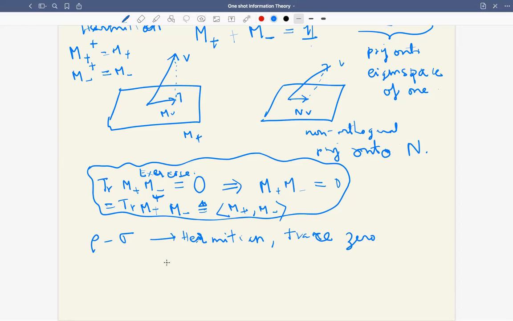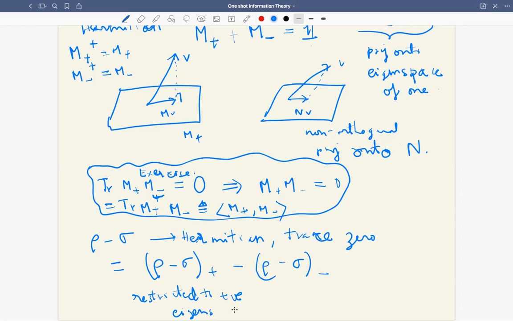So I can now write this as rho minus sigma subscript plus, minus rho minus sigma subscript minus. This is the matrix rho minus sigma written in the eigenbasis and restricted to the positive eigenspace, and this is restricted to the negative eigenspace.